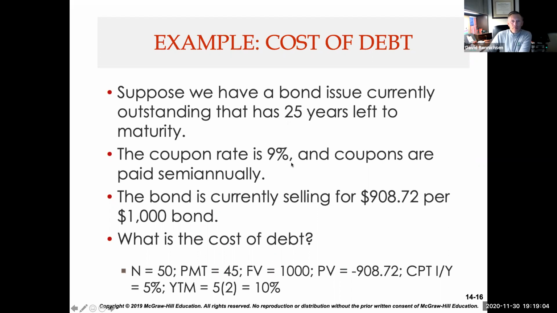You know the present value is negative 908.72 because that's the price. You know the future value is the par value of 1,000. You've got all the variables you need. Open paren, shove it all in, close the parens, hit enter, and you will get a 10% number when that calculation is complete. Would you like for me to do this in Excel?